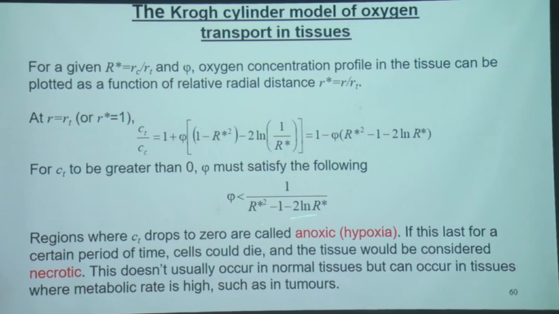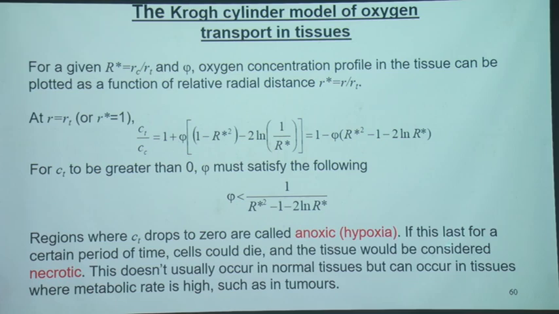Obviously, if this condition is not satisfied, then in reality the concentration cannot drop below 0, but what it means is that there's insufficient oxygen supply to the tissue for its metabolic requirement or metabolic consumption, so the tissue is said to be anoxic or hypoxic.